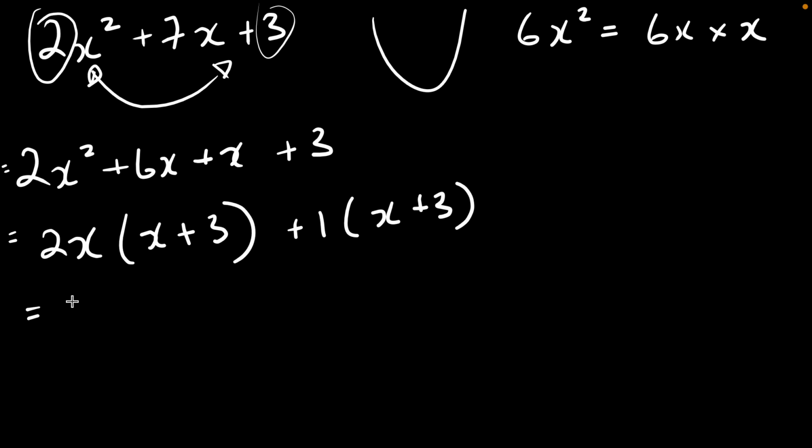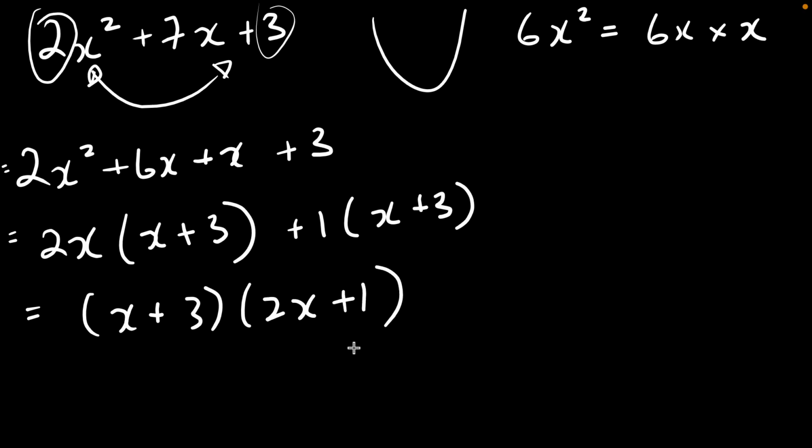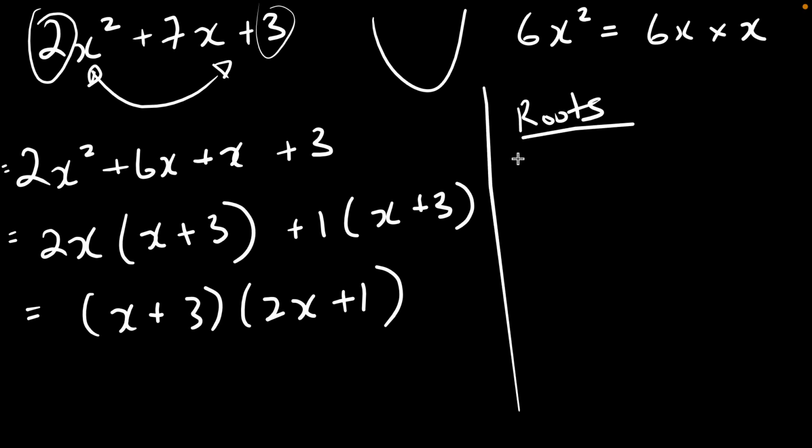Completely factorized, I'm going to get x plus 3 times 2x plus 1. But I know you're speed running this, you are a star, right? So if I want to find my roots, they are going to be found where x plus 3 times 2x plus 1 equals 0.